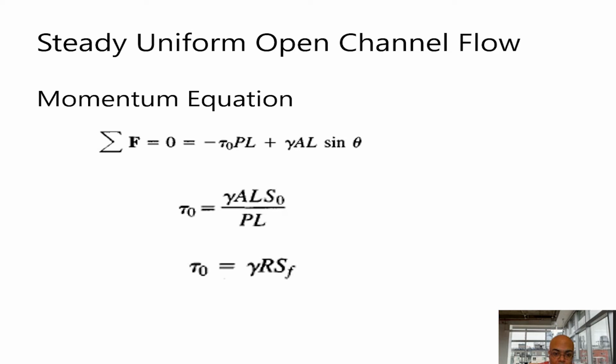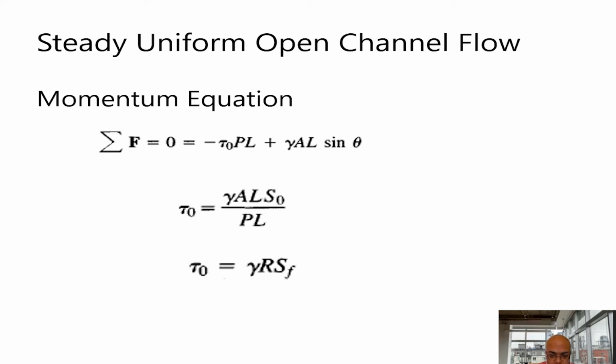So in tau naught P L, the negative sign is applied because it acts in the opposite direction to the flow. When we solve this equation, we get tau naught is equal to gamma R S_F, where R is the hydraulic radius. Hydraulic radius is nothing but area by perimeter.